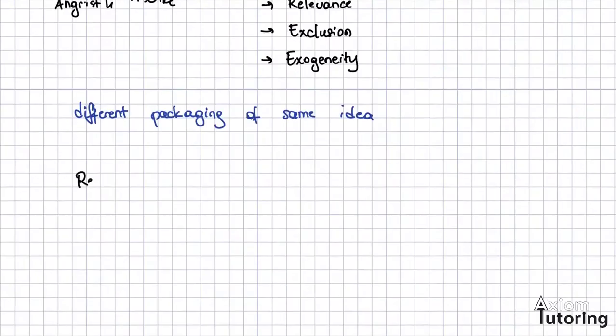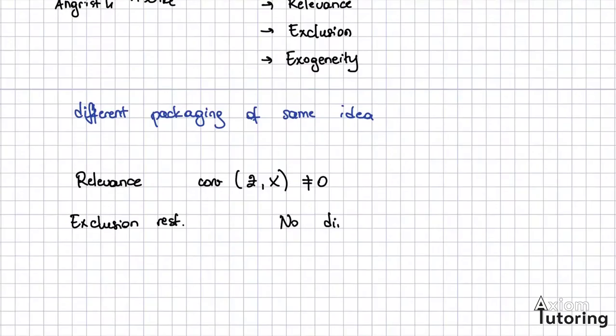So keep in mind, you've got the relevance condition, which is simply the covariance of your Z and X being different from zero. So the instrument moves with X, and it's testable. Then the exclusion restriction: there is no direct path that goes from Z to Y. So Z affects Y only through X, and that is usually not testable.